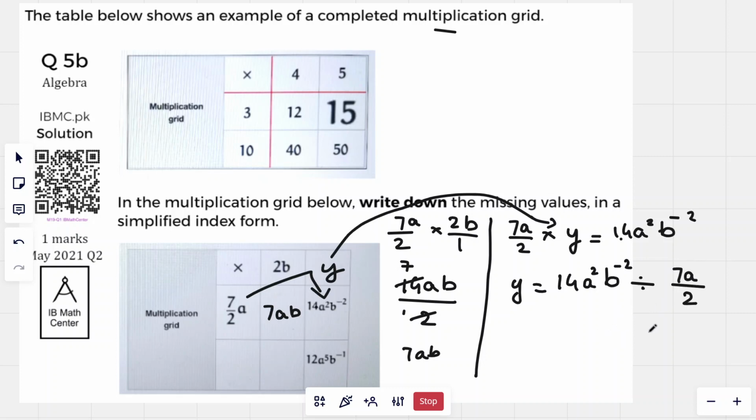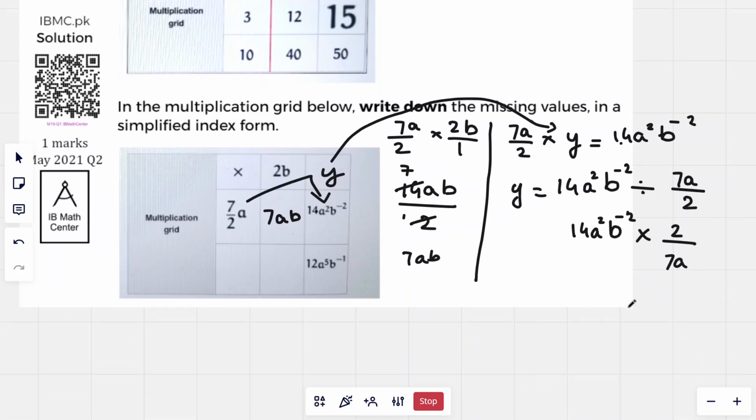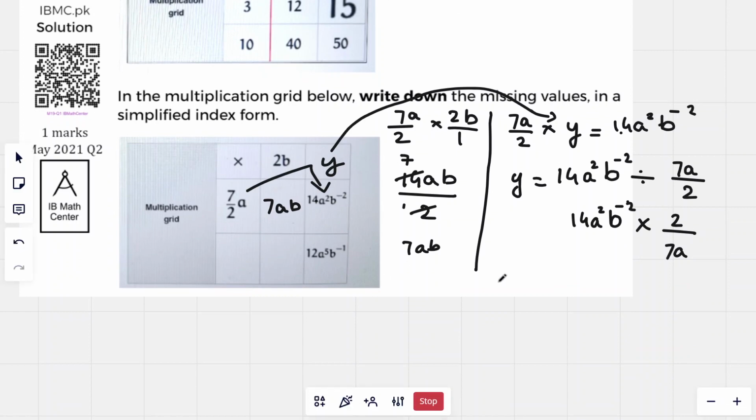Now we know that we can simply reciprocate this and change the sign to multiply and make it 2 over 7a. 14a squared b to the power negative 2 stays as it is. And when there's no denominator, it is implied that the denominator is 1, and this is equal to y. Or the missing box, whatever those variables are.